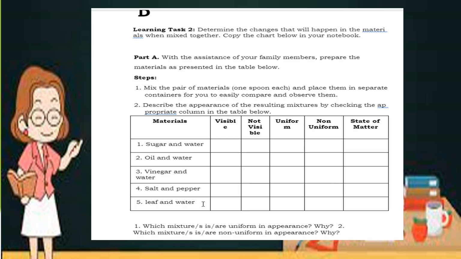Uniform, is it homogeneous, or non-uniform, heterogeneous? And state of matter, which is solid, liquid, gas, or plasma. So you're going to check it here.